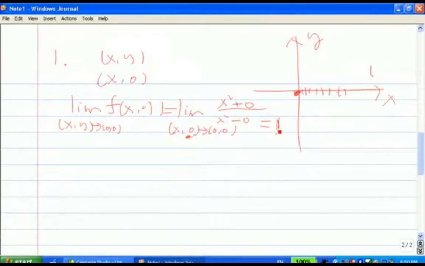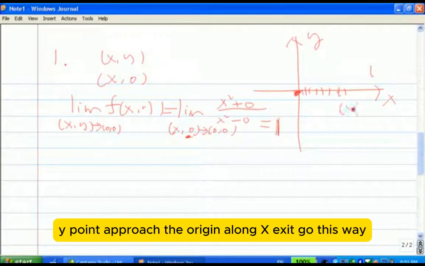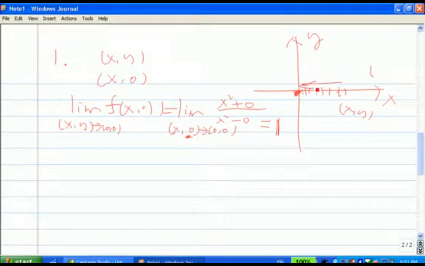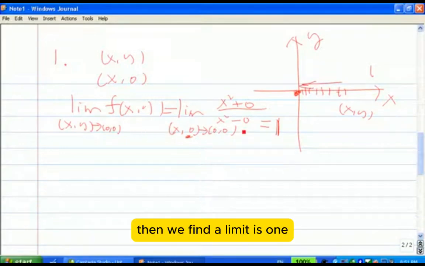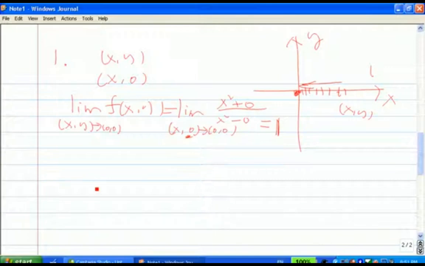So that means we let the xy point approach the origin along the x-axis, and we find the limit is 1. This is along the x-axis.